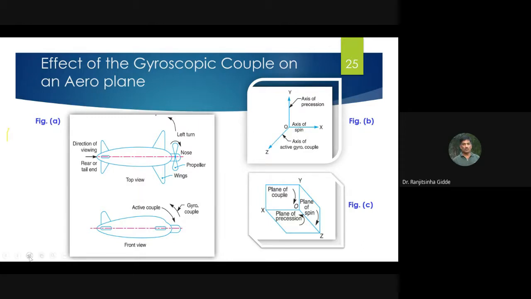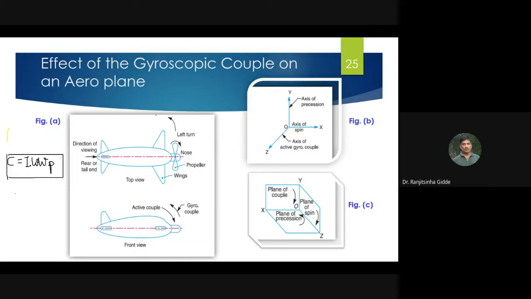Next line you can write C is equal to I omega omega P. 3-step numericals are there, and if the examination is theory based, you can score 7 to 8 marks within 5 minutes. Okay, I omega omega P.